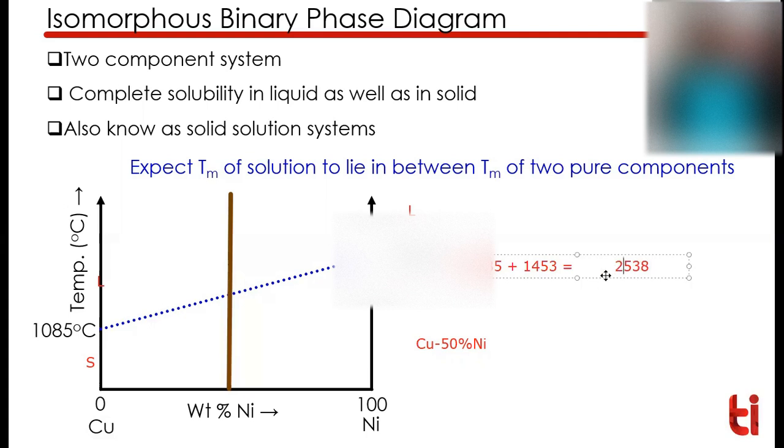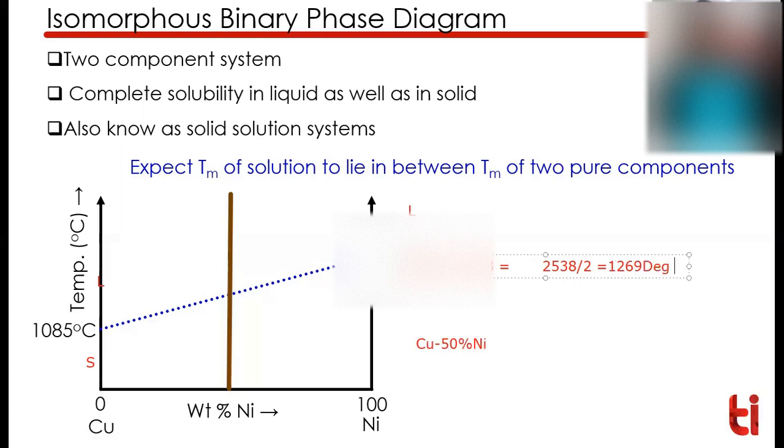I made it properly. 1085 plus 1453 is 2538. Divide by 2, so this becomes 1269 degrees Celsius.